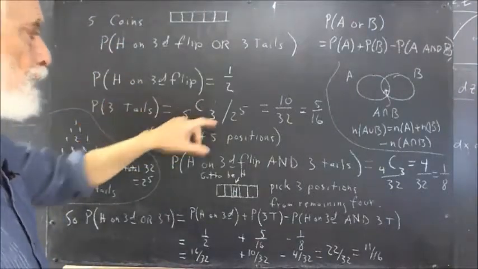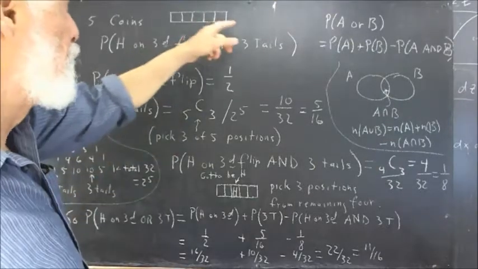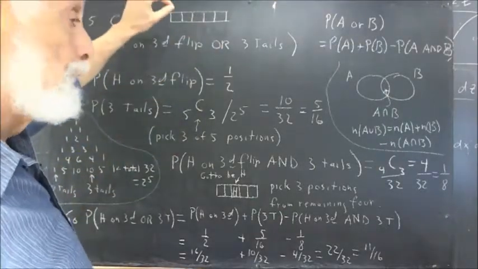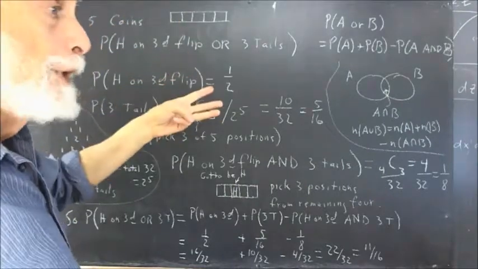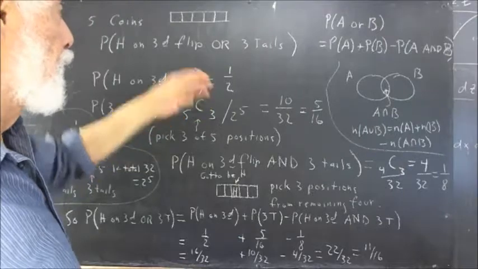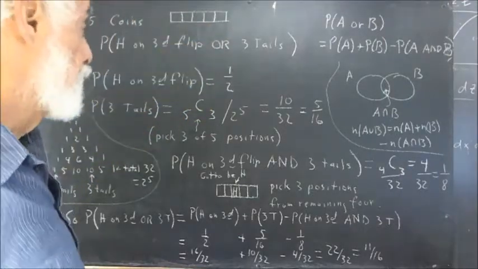That's 5C3. Now you could reason that out in other ways. There are 5 possibilities for where you put the first tail. That leaves 4 possibilities for where you put the second, 3 for where you put the third. So there are 5 times 4 times 3 ways to put the 3 tails in here.